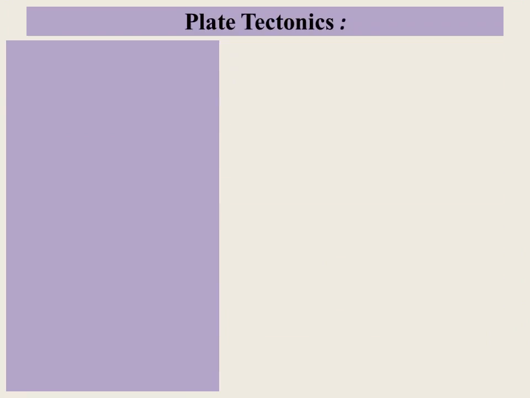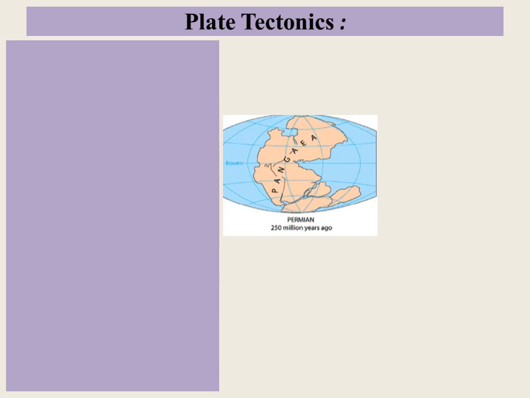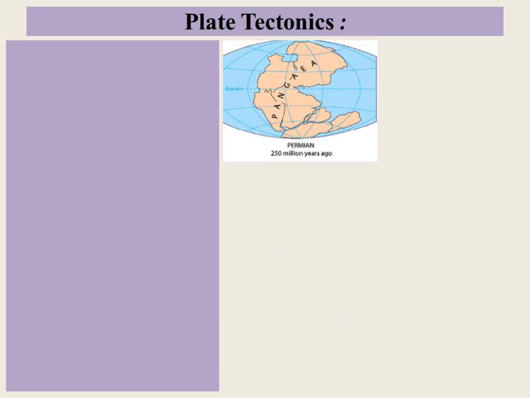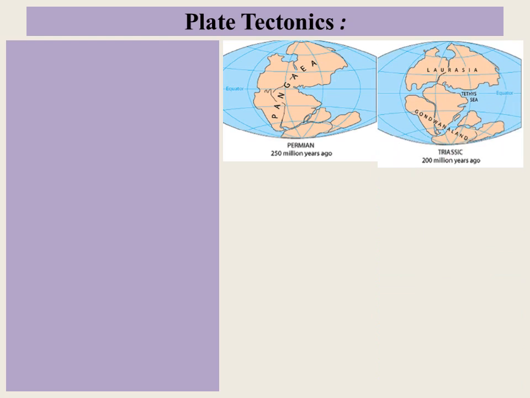Now see how our earth looked like. Our earth and the continents 250 million years ago are called the Permian period. The next one is Gondwana.